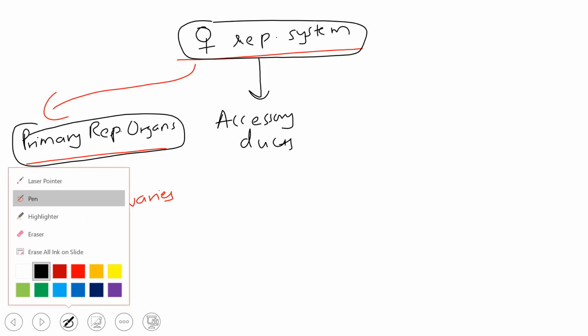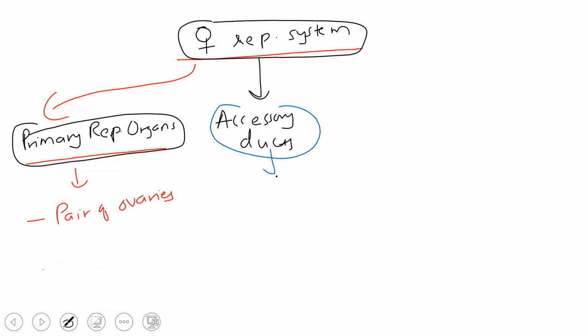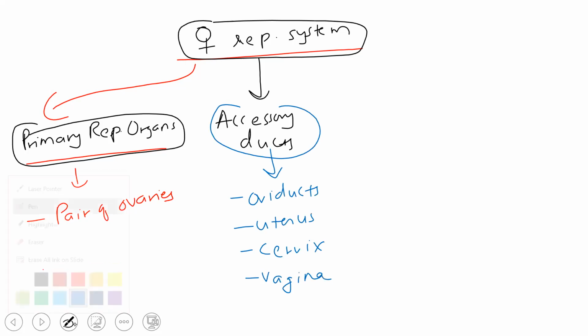So the female reproductive system is much more complex than the male reproductive system. In the ducts we will have oviducts, uterus, cervix, and sorry, vagina we will take separately, it's external genitalia.